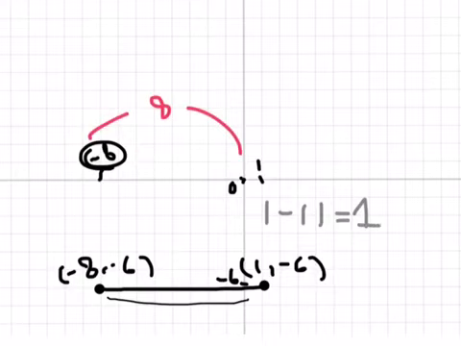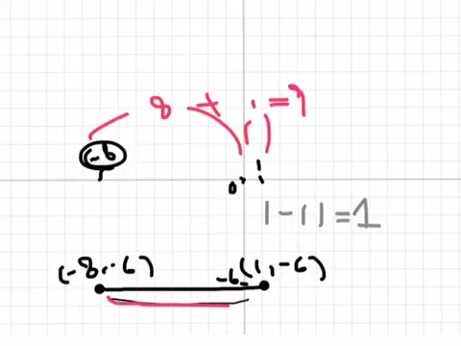So the distance from here to the origin is 1. Here to here is what? This plus this equals 9. So the length of this line, or should I say side, is 9 units.